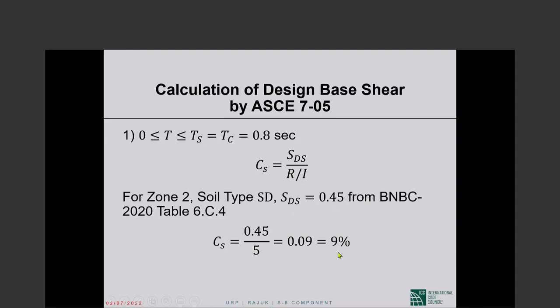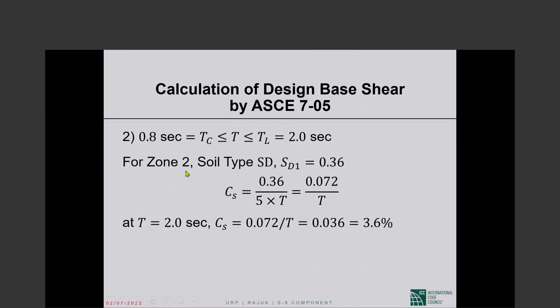This is the flat top. The base shear is 9% of seismic weight. Okay, this was called S sub A in BNBC. Then from the end of the flat top or the beginning of the descending branch to the end of the descending branch. And our descending branch ends at the long period transition period of 2 second fixed.